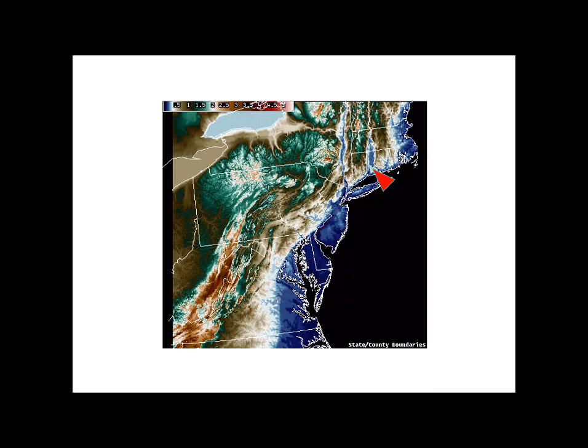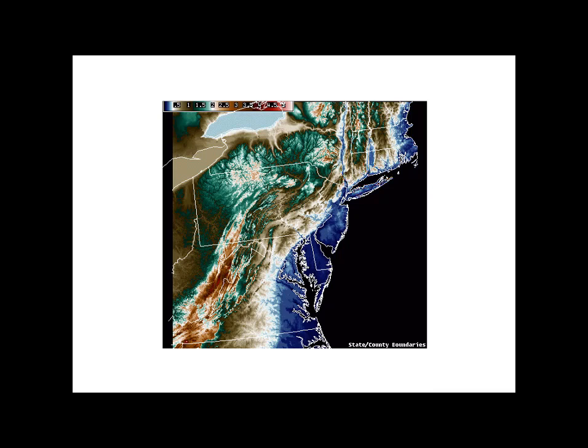In terms of the New York City area, a couple things that they look for in terms of the low-level winds is that if the low-level winds are coming off the ocean here, pretty much out of the east, that's off the ocean, and probably too warm to get snow there, more likely to be rain. And then if the winds are coming from the north here off the land, they're more likely to be snow if it's cold enough.